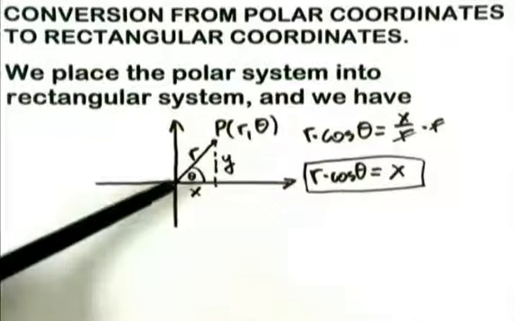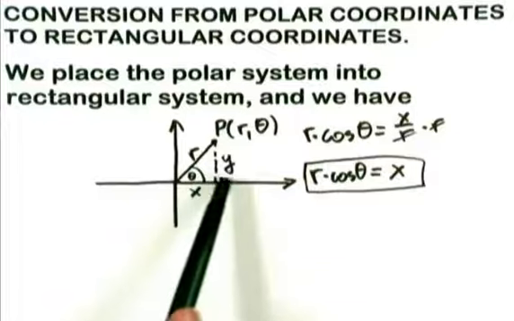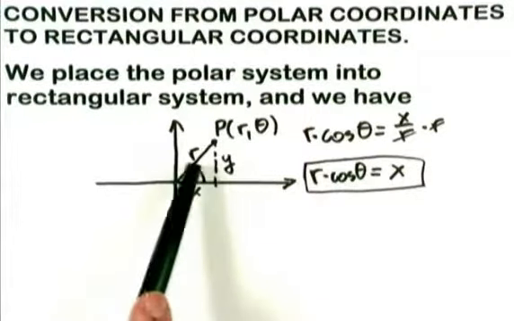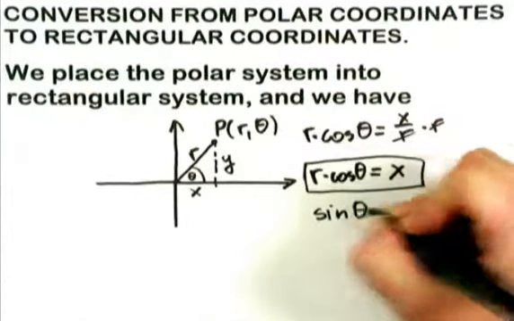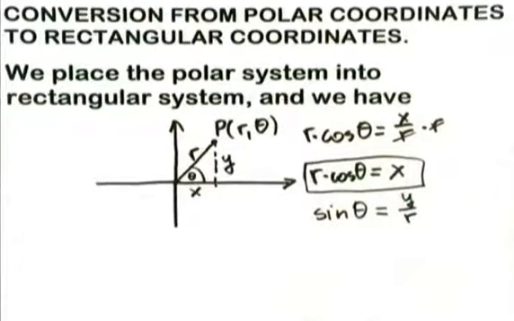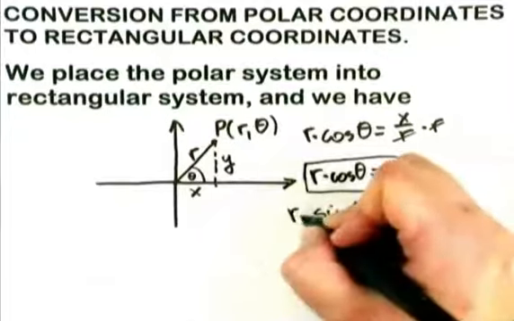In the same fashion I'm finding y. So y is the side opposite to the angle, and this is my hypotenuse. Opposite and hypotenuse is nothing else but sine theta. Sine theta is y over r. We can solve it for y, multiply times r.